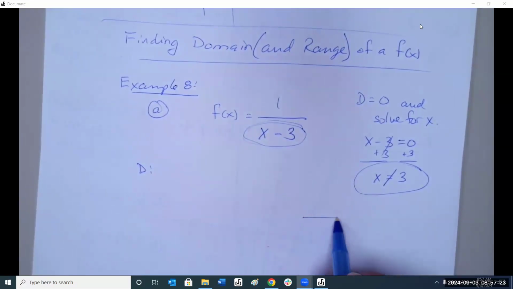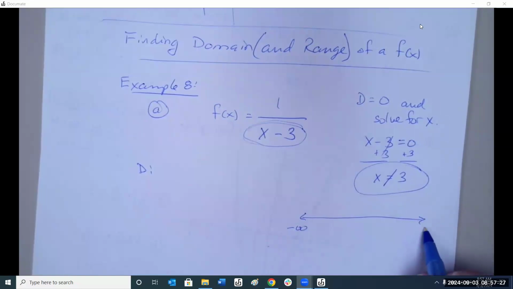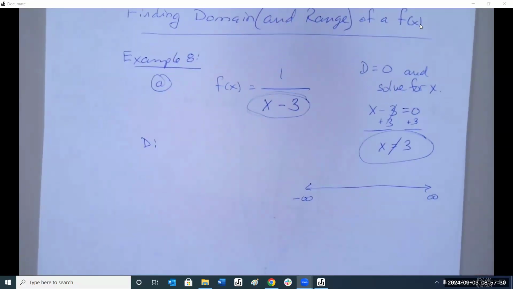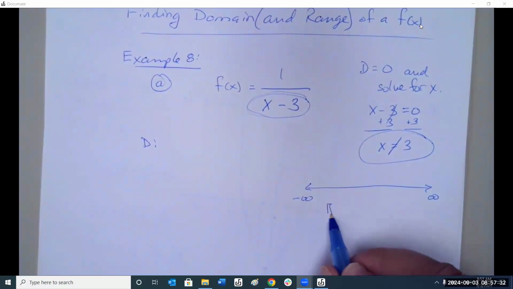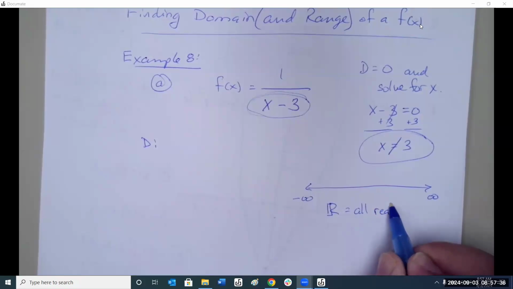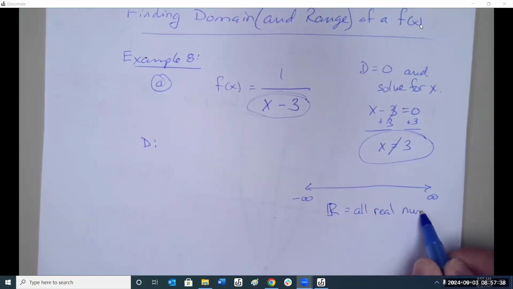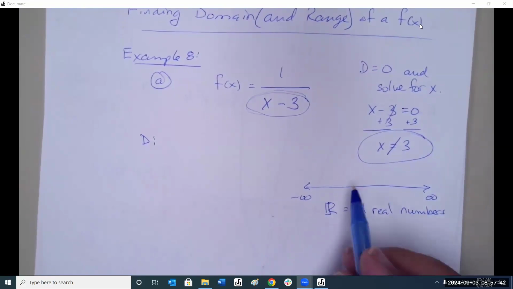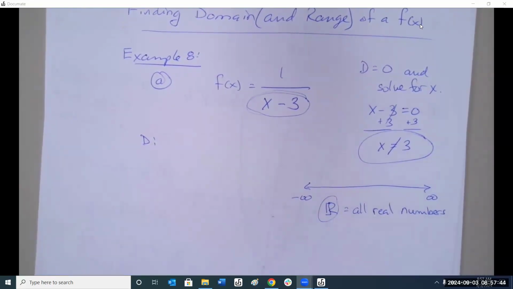Think about it. My domain can be anything from -infinity to positive infinity. That's what we call all real numbers. I'll use this symbol when I talk about all real numbers.